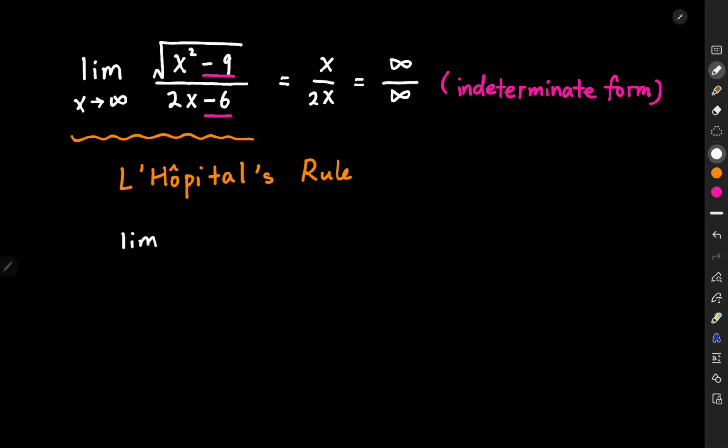So for L'Hopital's rule, we want to take the derivative of both the top and the bottom separately, and we would have the same limit value as our original equation. So the prime means we're taking the derivative of top and bottom.